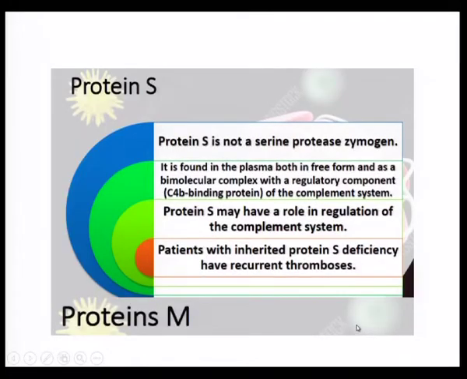So you see there again, protein S deficiency can actually lead to recurrent thrombosis. Means what? There would be spontaneous clots forming. Always consider clotting mechanism, clot formation means there is a scope for inflammation, but this is the interesting part of vitamin K.